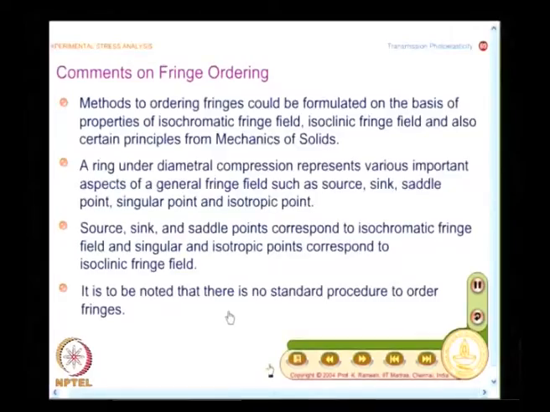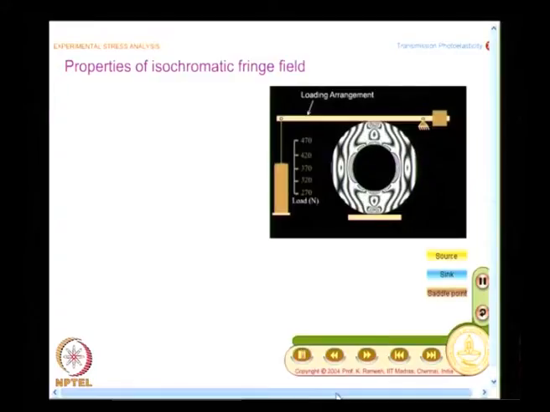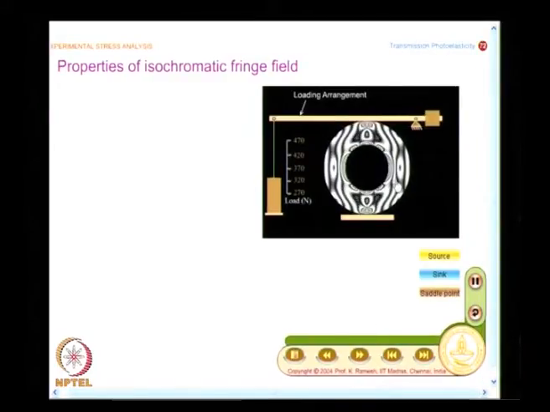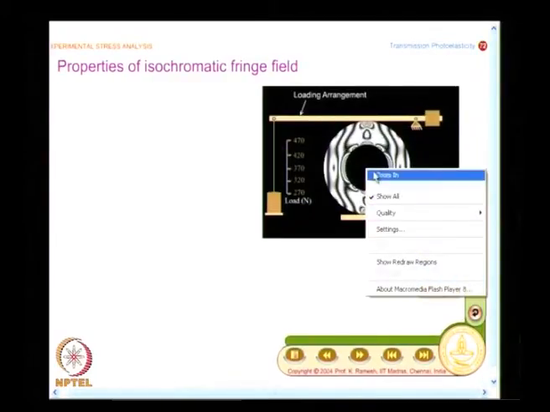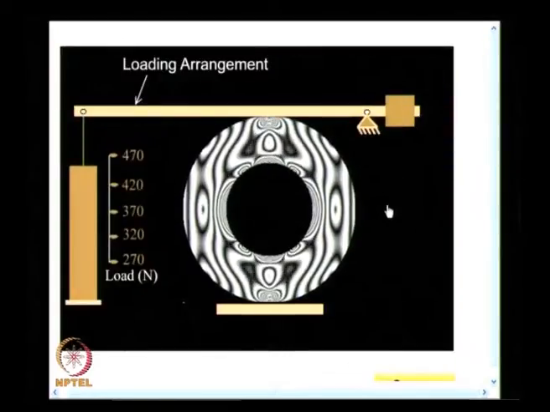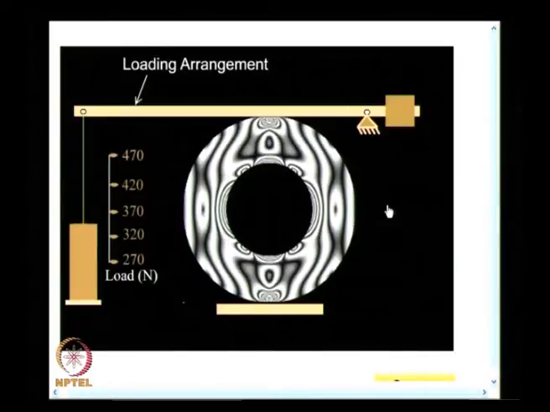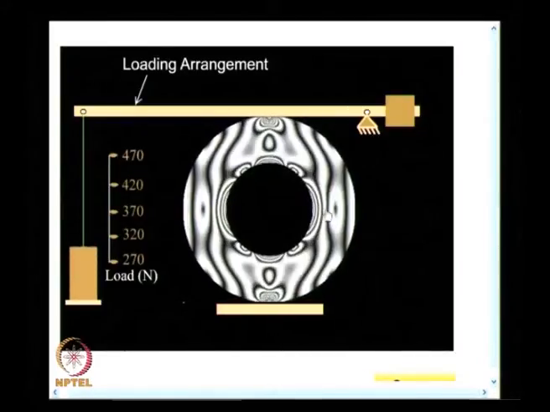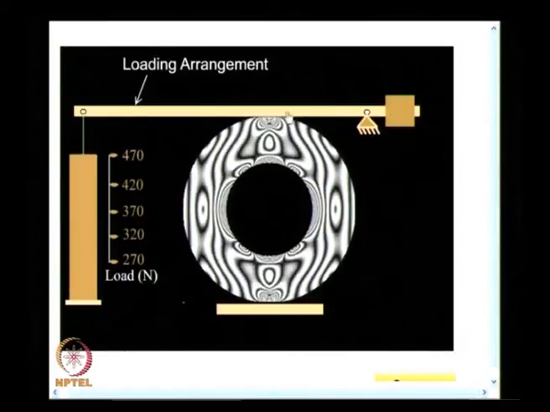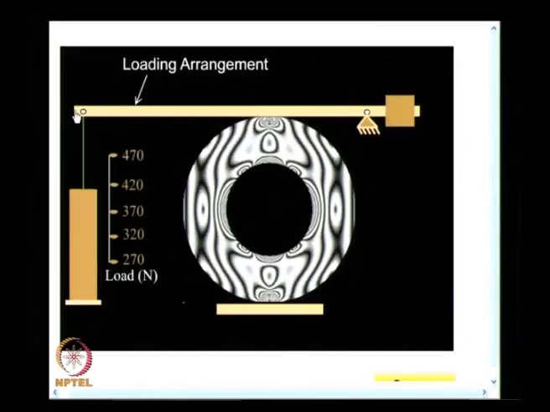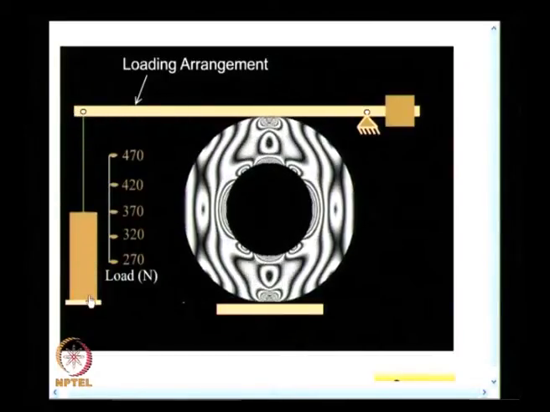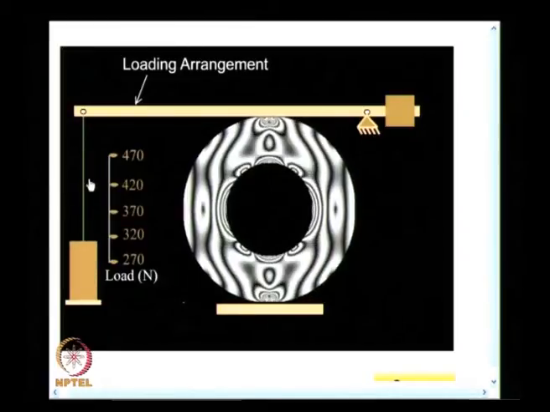And what we will do is, we will look at the problem of ring under diametral compression. I had already mentioned that fringe ordering in a ring under diametral compression is really complex. What is shown here is a conventional loading arrangement of a lever arm loading, and in this the load is changed.